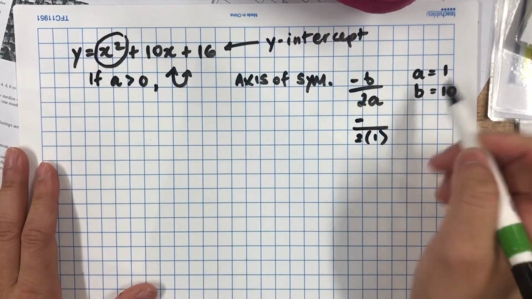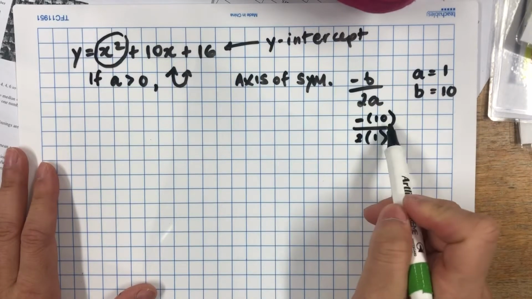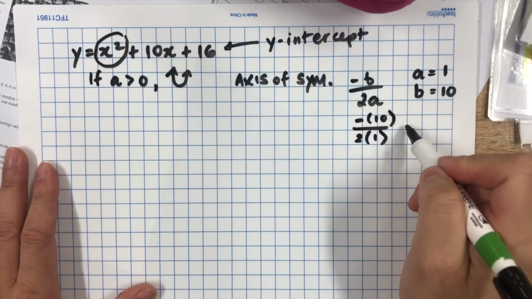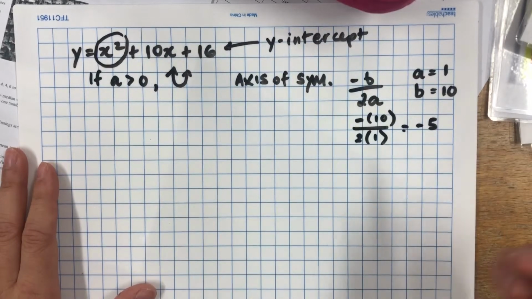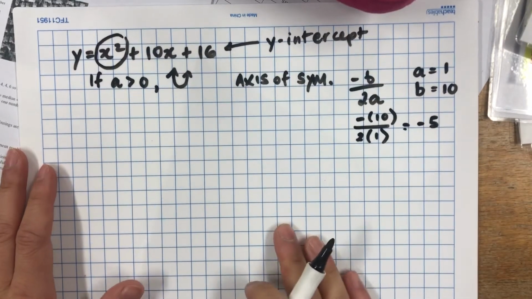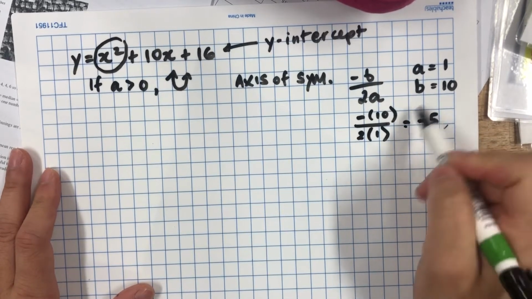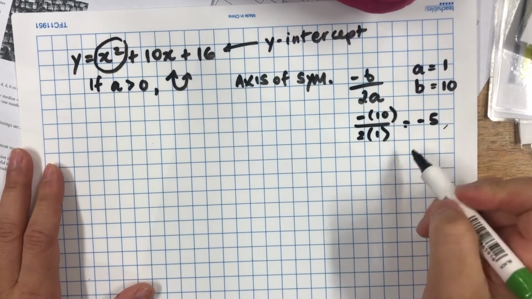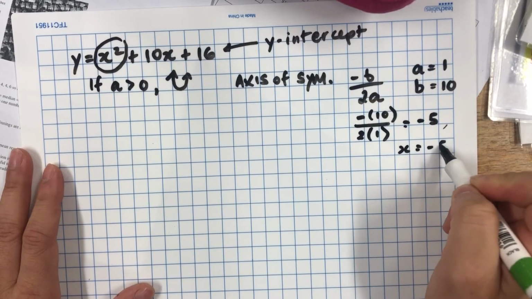So I know that b is 10, and I've got 10 in brackets, so I've got minus 10 divided by 2, that is equal to minus 5. Okay?